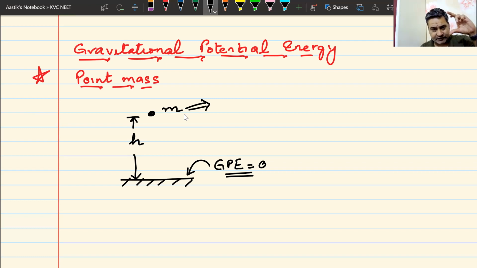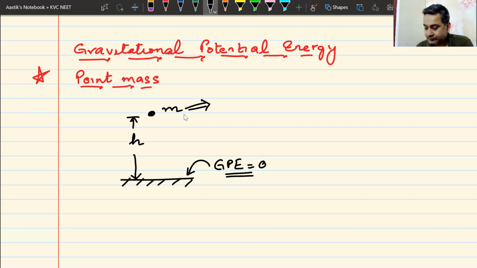It is at a height h from ground. We have already done this question before. I am just going through revision because in the next class we'll be using the concept of energies only. What is the gravitational potential energy of this mass?